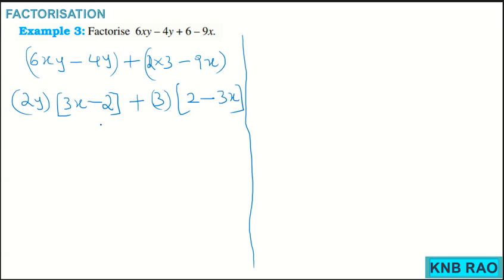Now, watch here, you have got 3x minus 2, whereas here 2 minus 3x. Both are not the same, but can be made the same. How can I make them the same? I must take the minus sign away. How to take away the minus sign? Let me show you.